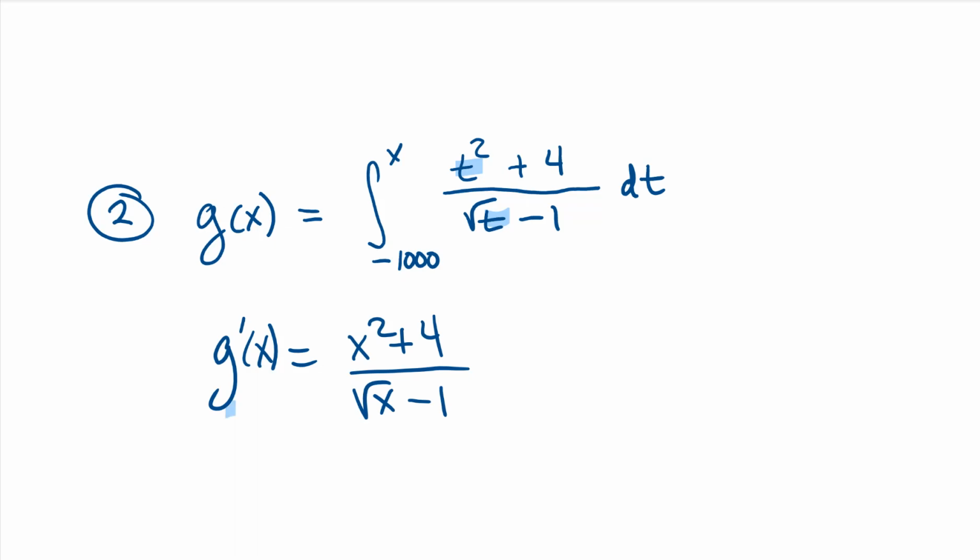It's just the integrand replaced with x instead of t's. Because when you take a derivative on an integral, you just go back to where you started, and there's a trick inside of there with changing our variables. And again, wait till FTC part 2.